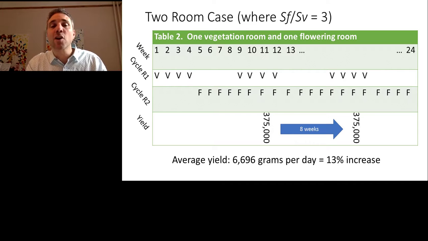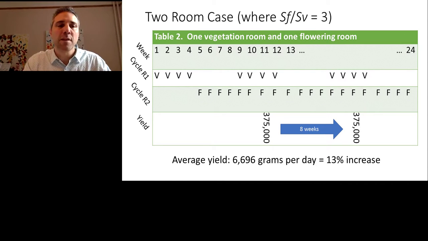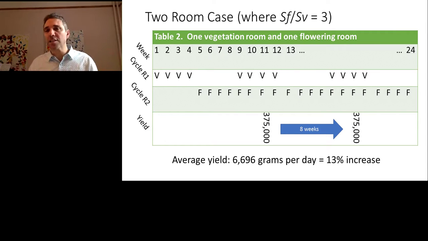And once they're done, we don't have to wait another 4 weeks. The vegging period is already done, and we just reload the flowering room, okay? And that increases our yield from approximately 5,900 grams per day to 6,696 grams per day. And that's a 13% increase, right? Just by reallocating space. Okay.